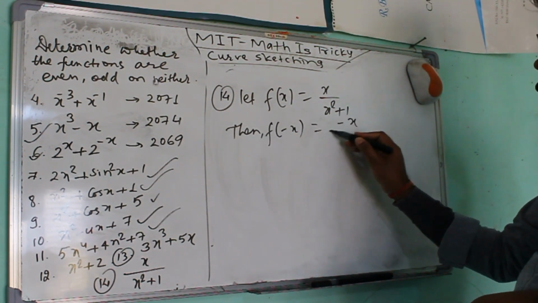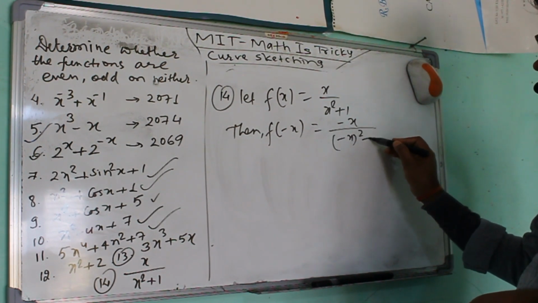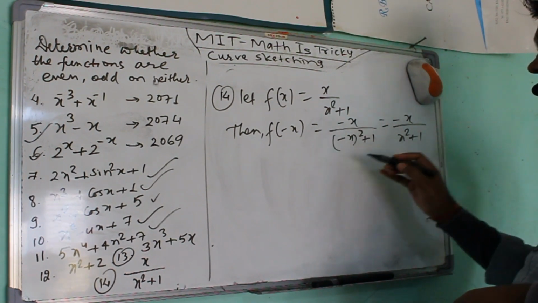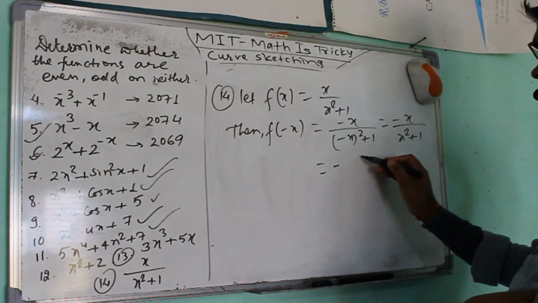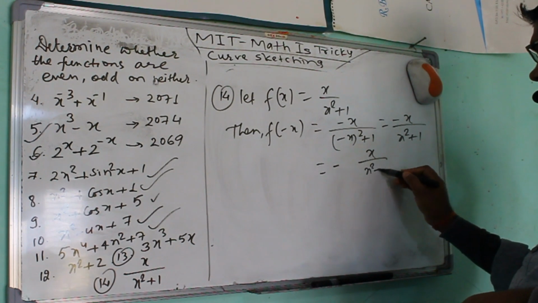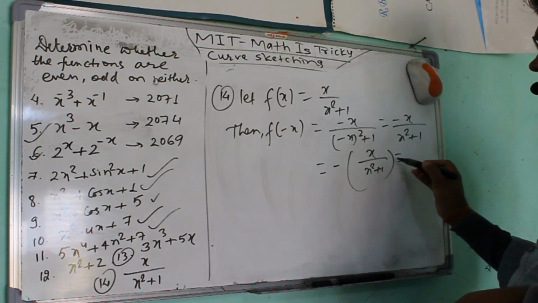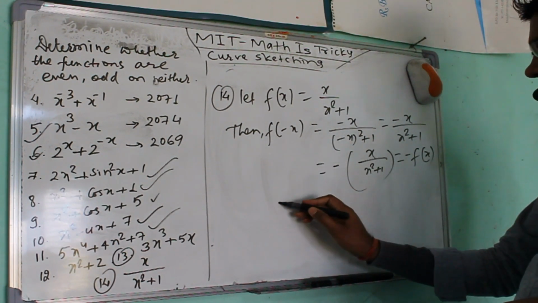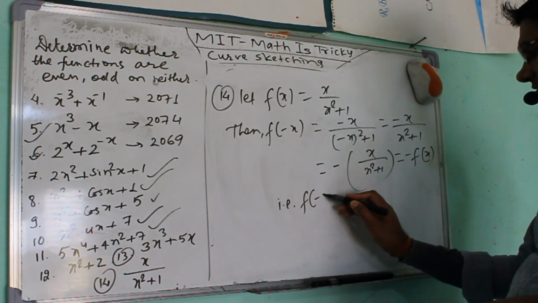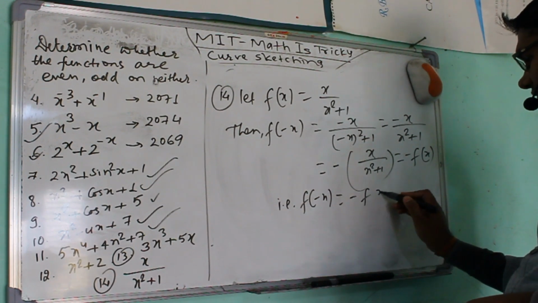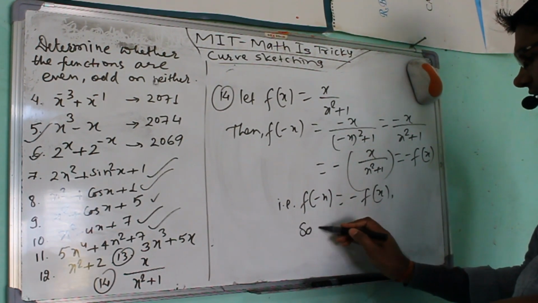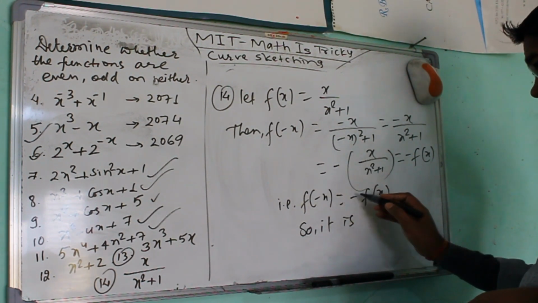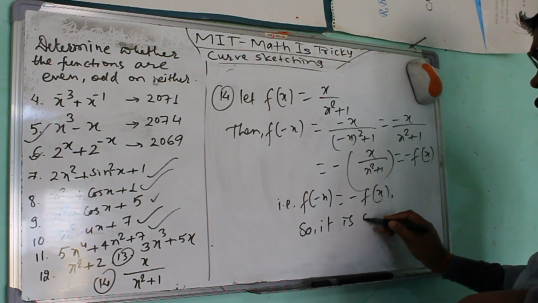It will be -x by ((-x) whole squared plus 1), and it gives -x by (x squared plus 1), which is the same as -f(x). Thus we have f(-x) equals -f(x), so the given function is an odd function.